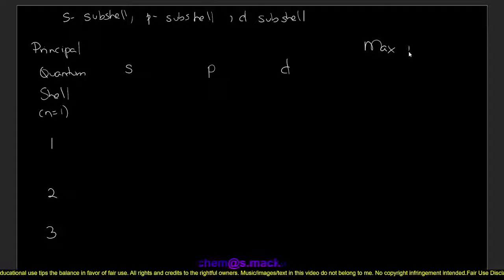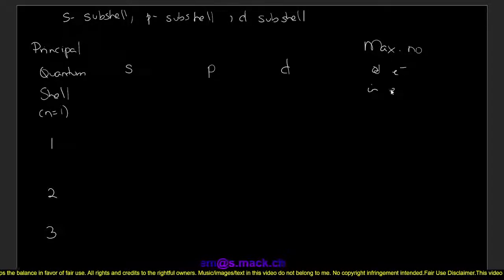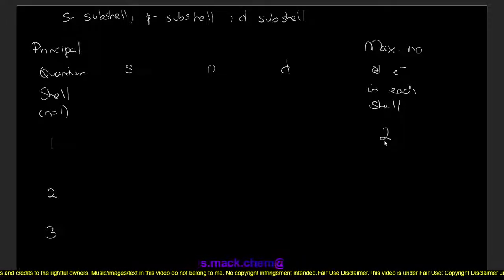We are going to use the maximum number of electrons in each shell to determine how many are present in each subshell. So for example, the first shell takes a maximum of 2 electrons, and we've already established the first shell consists of one subshell, which is the S subshell.